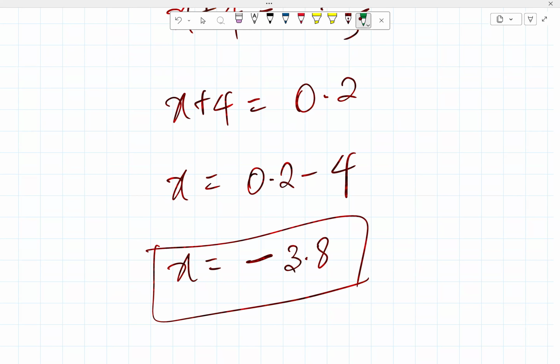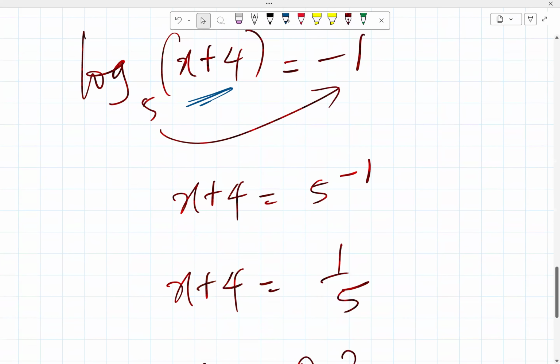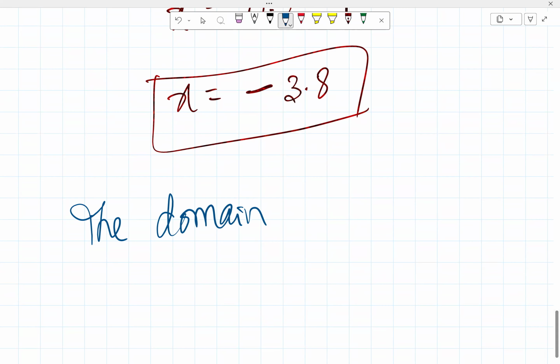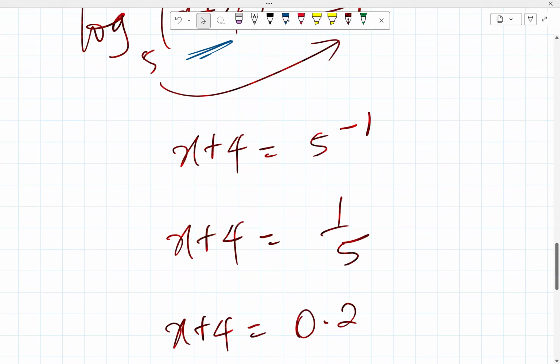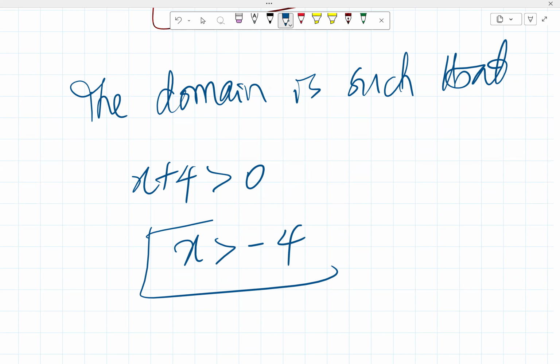So we need to check the domain, right? So we check the domain. x plus 4 has to be positive. So x plus 4 has to be greater than 0. That means x should be greater than minus 4.